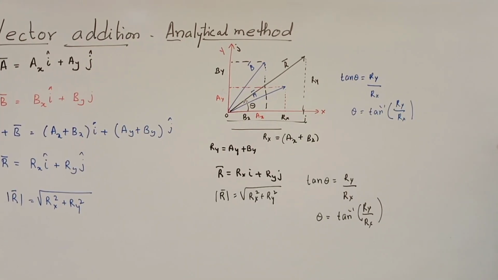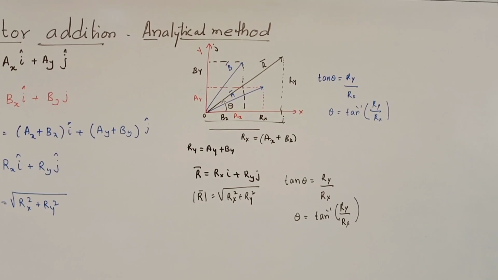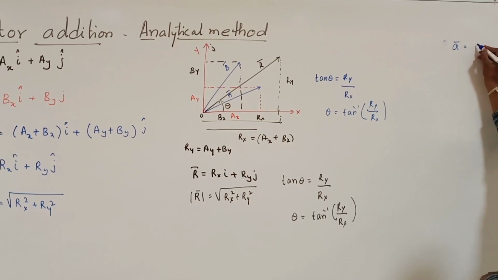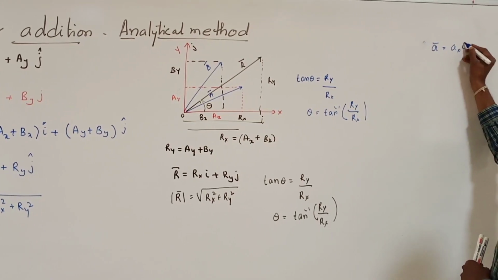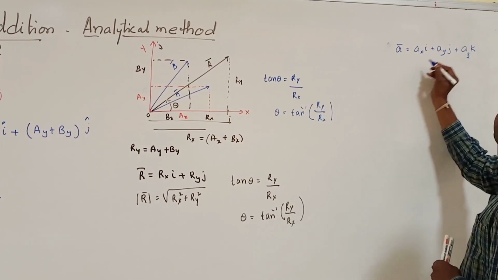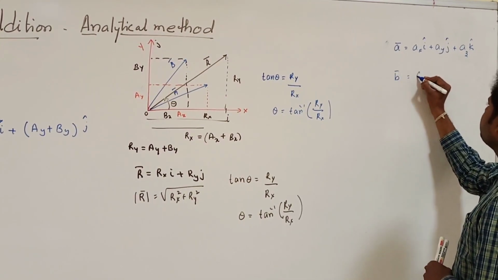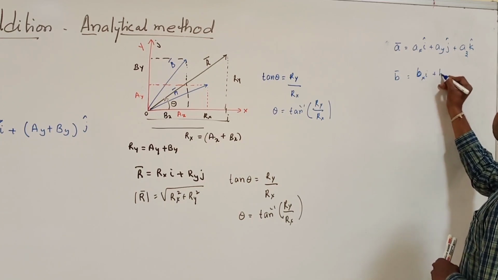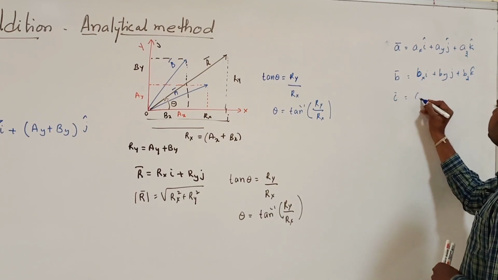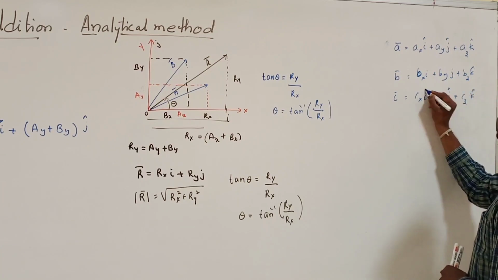Now we can also add three or more vectors, no issue. Let's say vector A is Ax i plus Ay j plus Az k. i, j, k are the unit vectors. B vector is Bx i plus By j plus Bz k. C vector is Cx i plus Cy j plus Cz k.